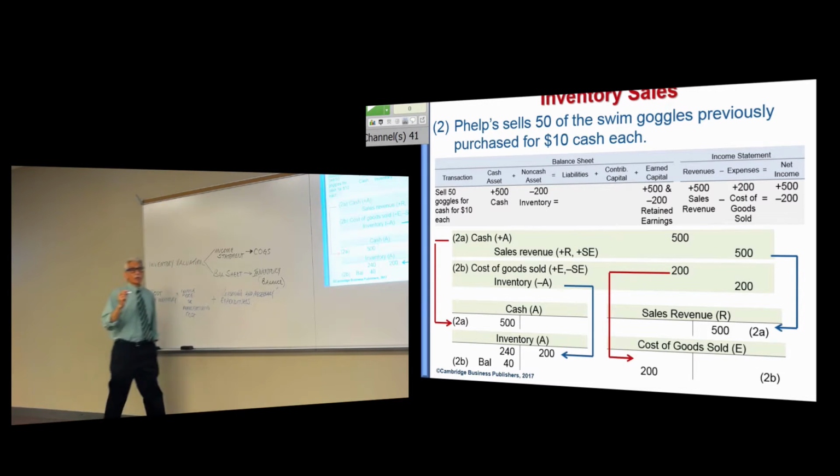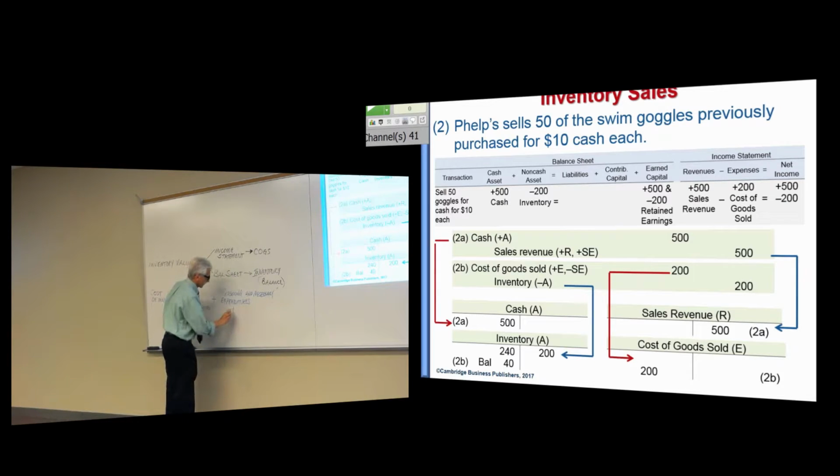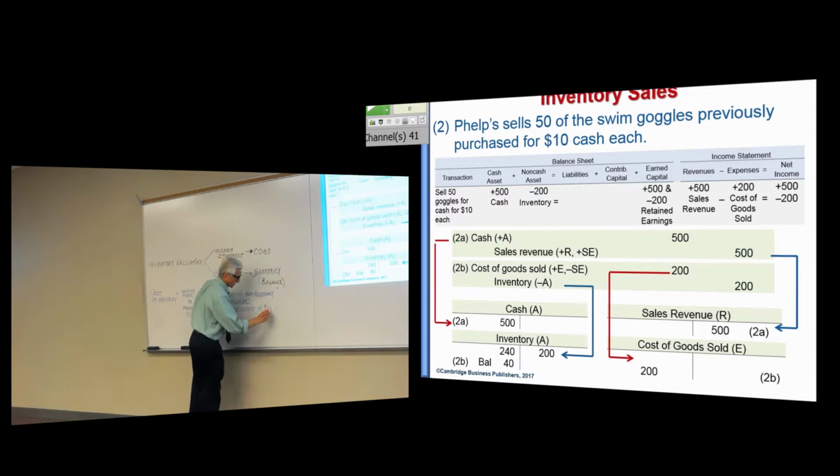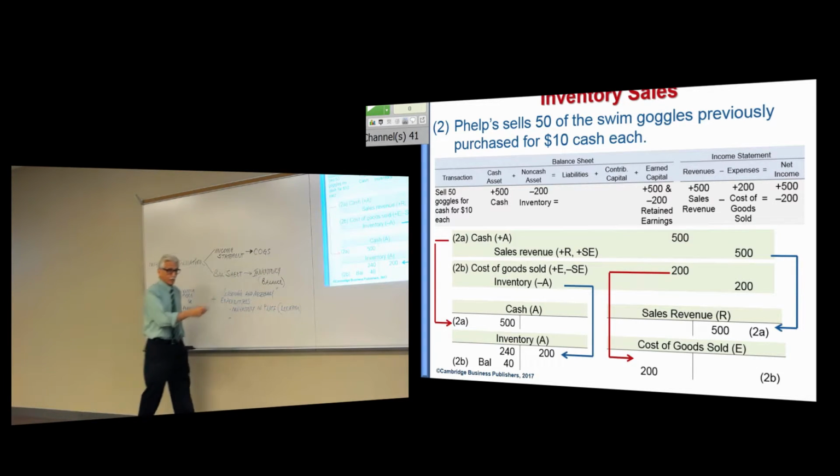Now, these reasonable and necessary expenditures are required to have the inventory in place or in its location and have them ready for sale.